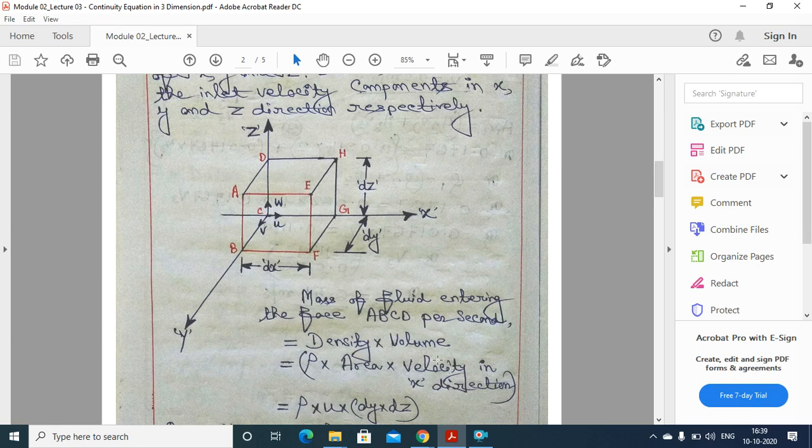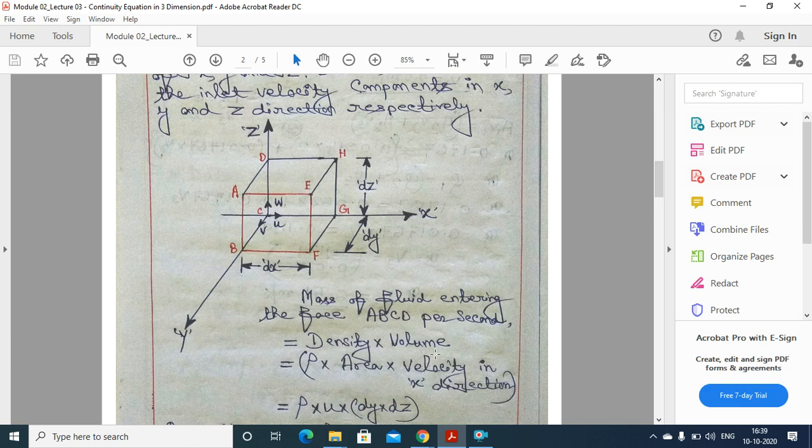Now actually we have to calculate the mass of fluid entering the face ABCD per second, which means rho into area into length per second. And what is length per second?